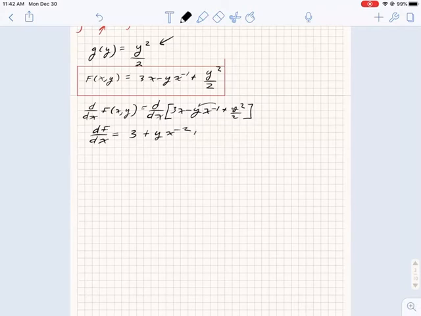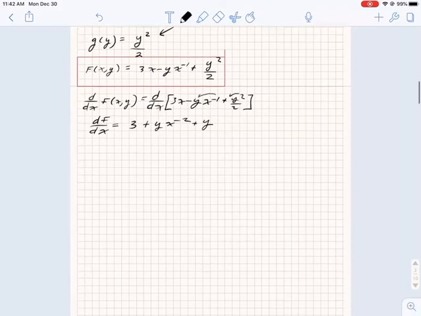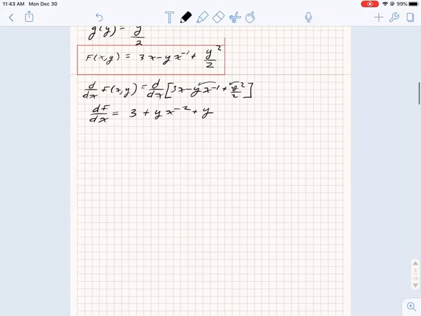This ends up being x to the negative 2. Then we're going to add, and we're going to drop down the 2, which will cancel with the 2 in the denominator, and we're just going to be left with y.